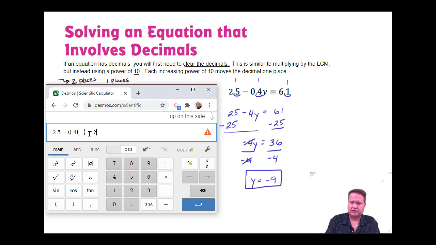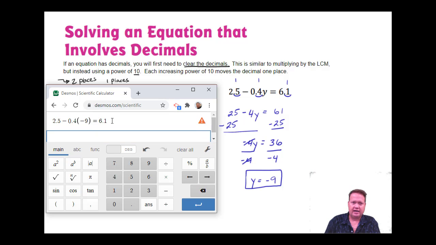Equals 6.1. Now you'll notice that it's giving me this little triangle and exclamation. It means it doesn't know what I'm asking it to do because it doesn't know what number goes in the parentheses. I'm going to put a negative 9 in there. Notice I typed in the equation exactly as I see it: 2.5 minus 0.4y, and the y is what's left with those parentheses. Now I'm going to put a negative 9 in there, and we just want to know, is it true?